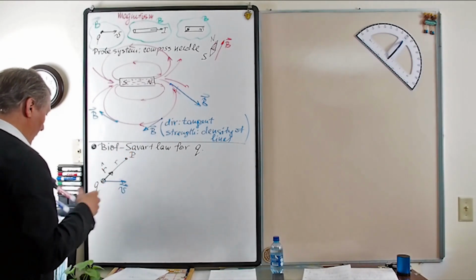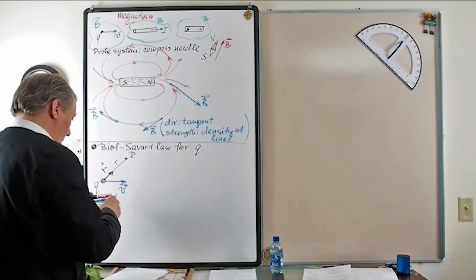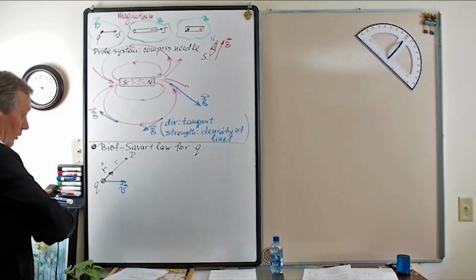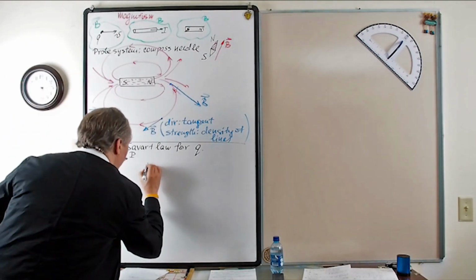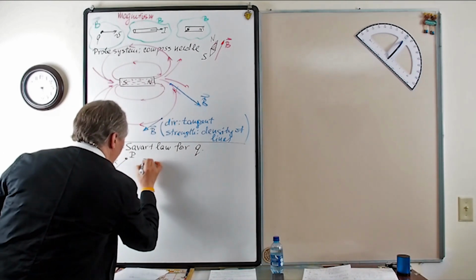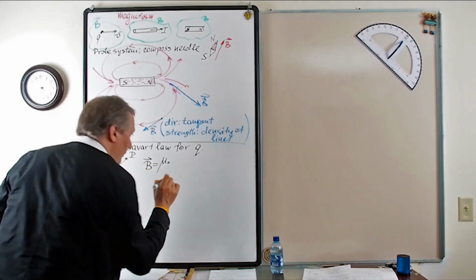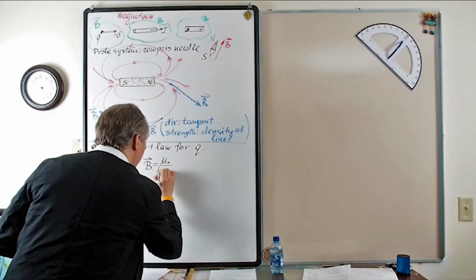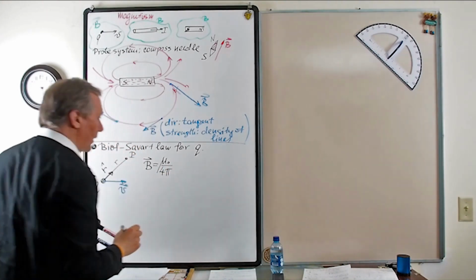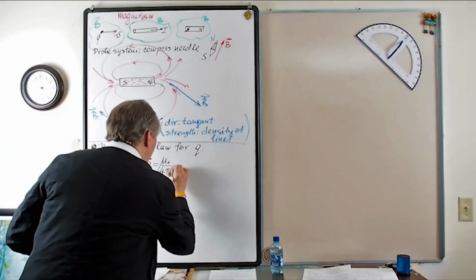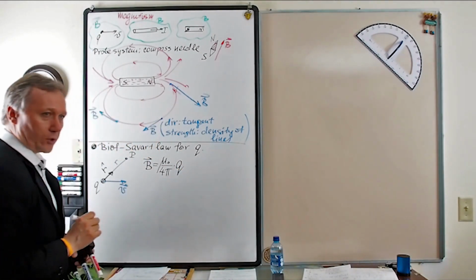So now we can start writing down the Biot-Savart law. The magnetic field at this point equals mu naught, a new constant which we're going to discuss in a second, divided by 4 pi, times the value of the charge.